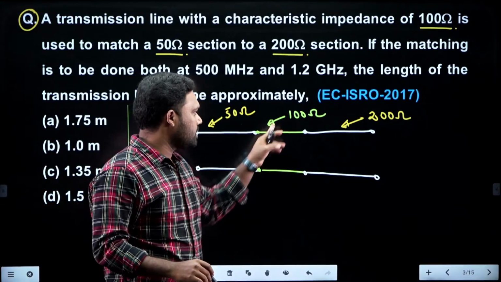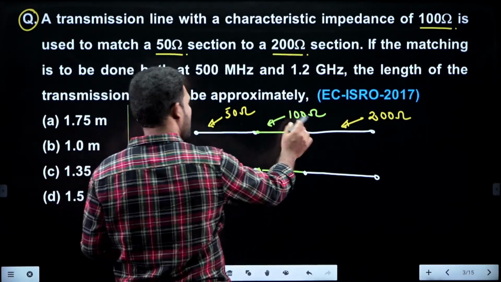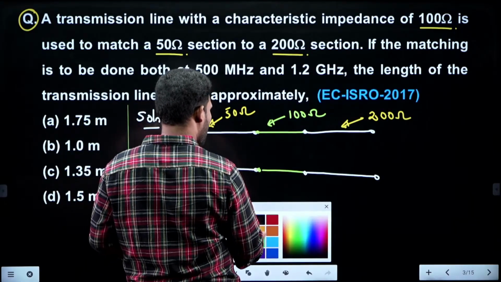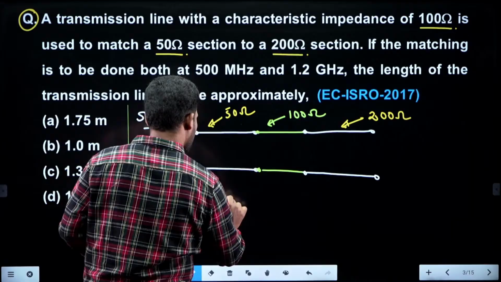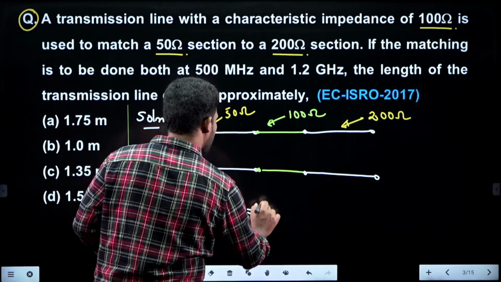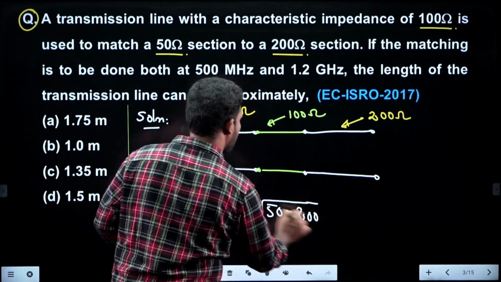Obviously this must be a quarter wavelength impedance matching transformer. Why? Because the design formula says the characteristic impedance must be the geometric mean of these two. That means 100 is equal to the square root of 50 into 200. Yes, correct, it is 100.